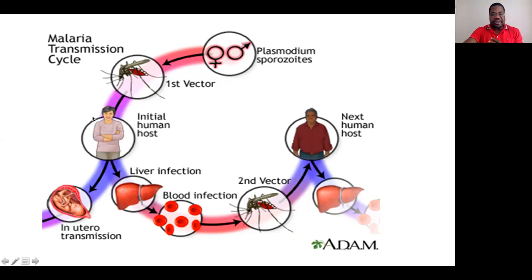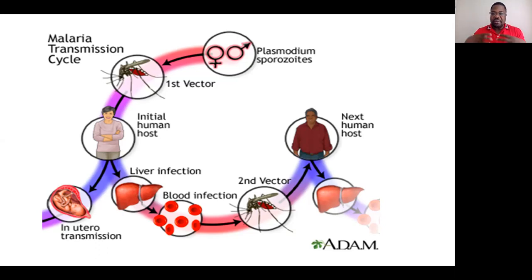Now, if our initial human host who developed the initial infection was a pregnant female, the malaria parasite is also able to be transferred to the baby. That's what we call in utero transmission.